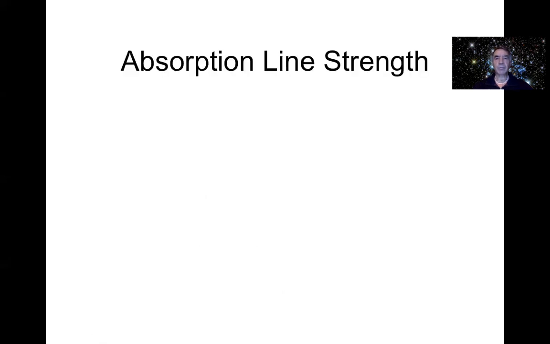Okay, so next we want to get into what it is that is going to determine how strong an absorption line is. So what do I mean by absorption line strength here? So you saw those sort of black lines superimposed on the continuum spectra earlier.